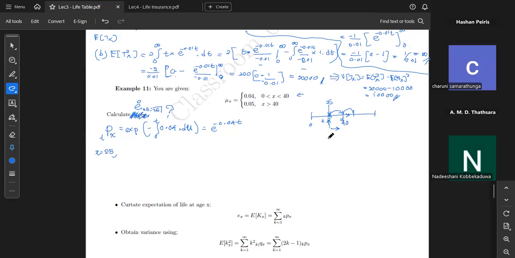So what we can do is, we know the form of the survival function is an exponential function with mu times t.